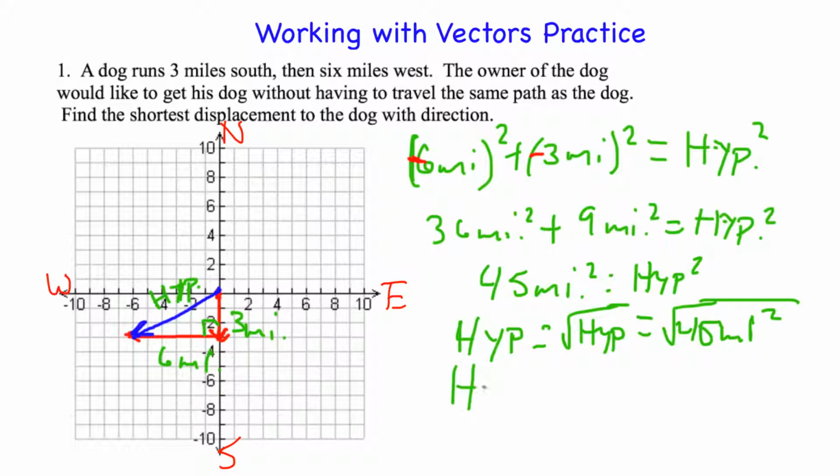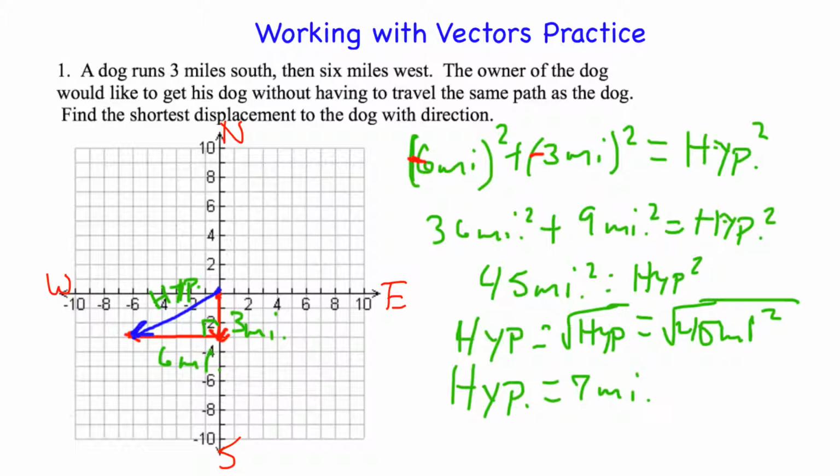And we get that the hypotenuse is, and let's put the correct significant digits. Notice up here in the problem they just give us a single number, so one significant digit. That puts us at 7 miles. So our hypotenuse vector here is 7 miles long that you'll have to travel to get to your dog.